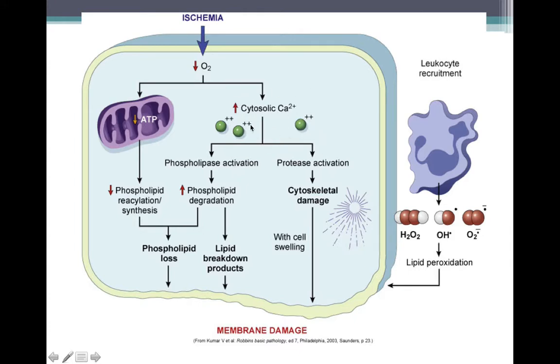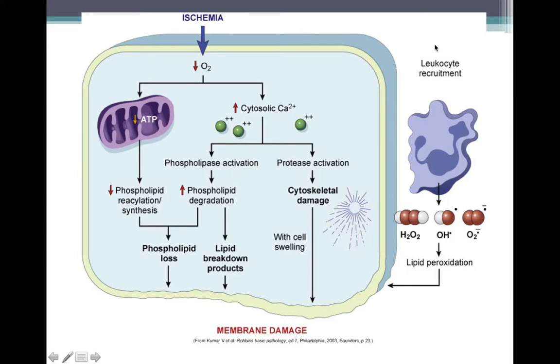Once calcium starts to accumulate inside the cell because of a decrease in calcium pumps, this leads to the activation of different enzymes like proteases and phospholipases. Proteases are enzymes that break down protein like the cytoskeleton, and phospholipases are enzymes that break down phospholipids like your plasma membrane. So due to an accumulation of calcium inside the cells, that leads to the breakdown of the cytoskeleton and plasma membrane, which, if severe enough, could lead to irreversible cell injury and death.